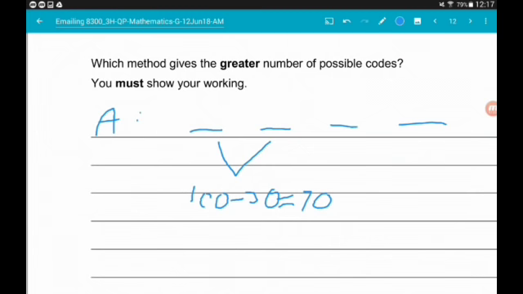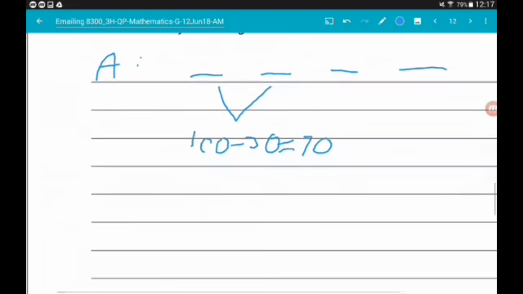Half of them are odd, so half of 70 is 35. So there are 35 odd 2-digit numbers between 30 and 100. So there are 35 different 2-digit numbers that we can put in the first 2 slots.